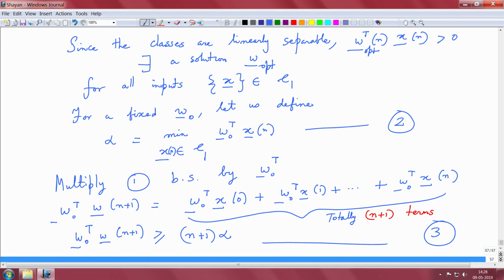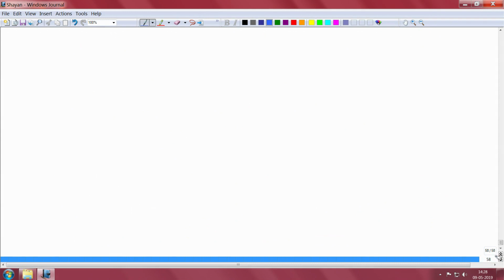Now, what we have to focus on is relating this in terms of the norms. Therefore, we have to bring in another inequality called the Cauchy-Schwarz inequality.